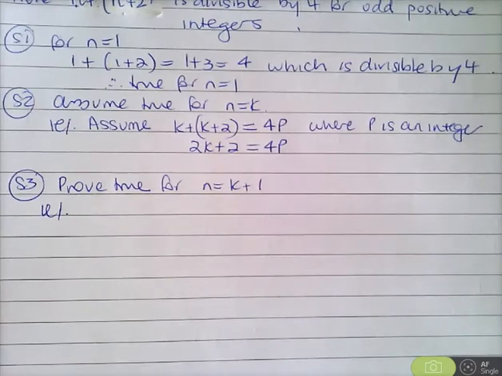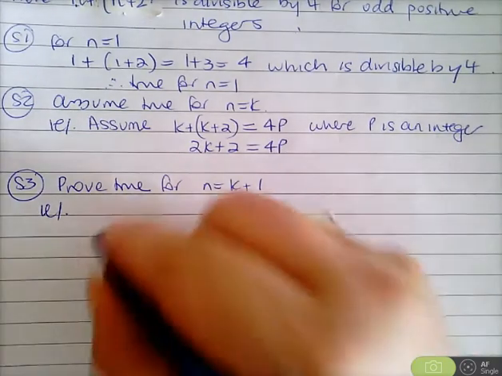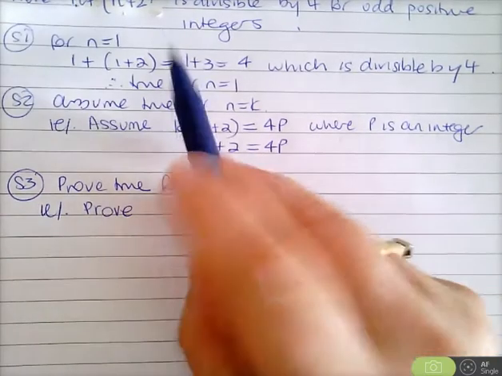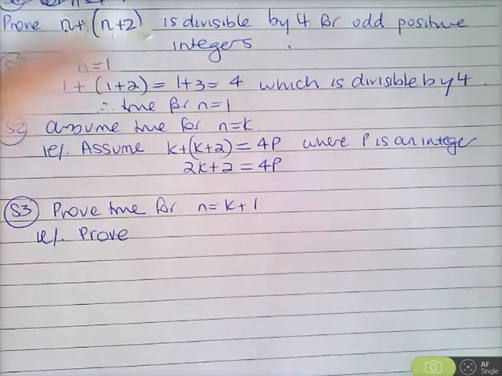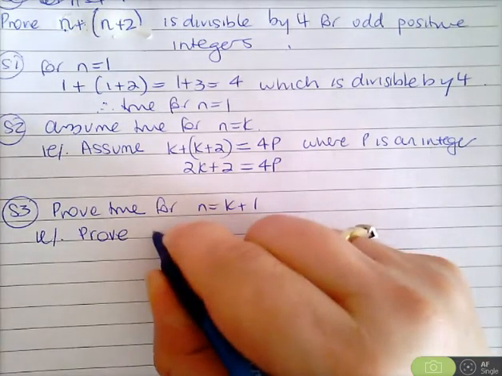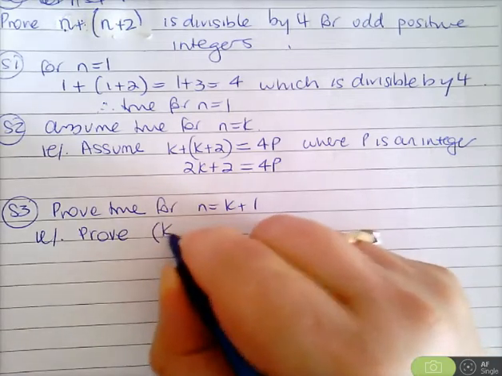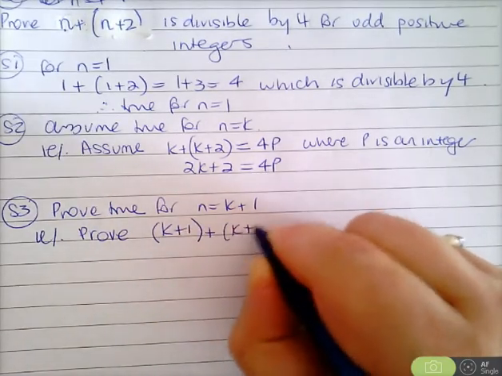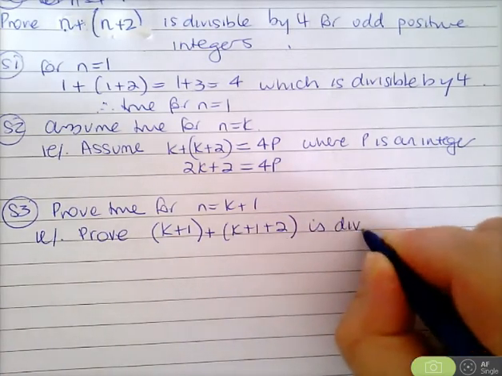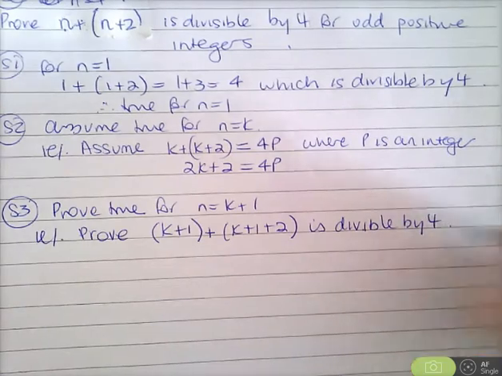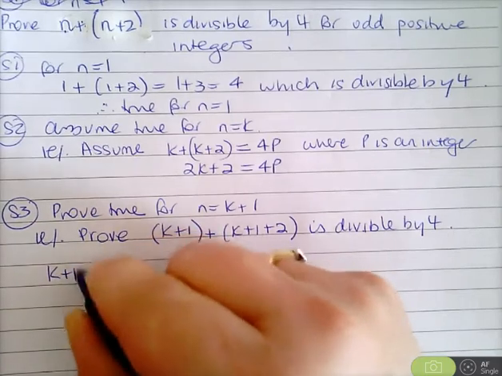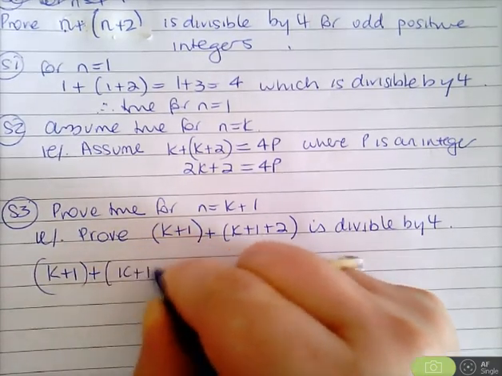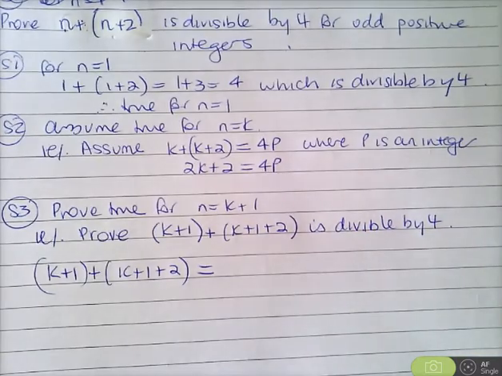That is, what do we want to prove? You're trying to prove that n plus (n plus 2) is divisible by 4. So we're trying to prove that k plus 1 plus k plus 1 plus 2 is divisible by 4. Wait, why is it k plus 1?